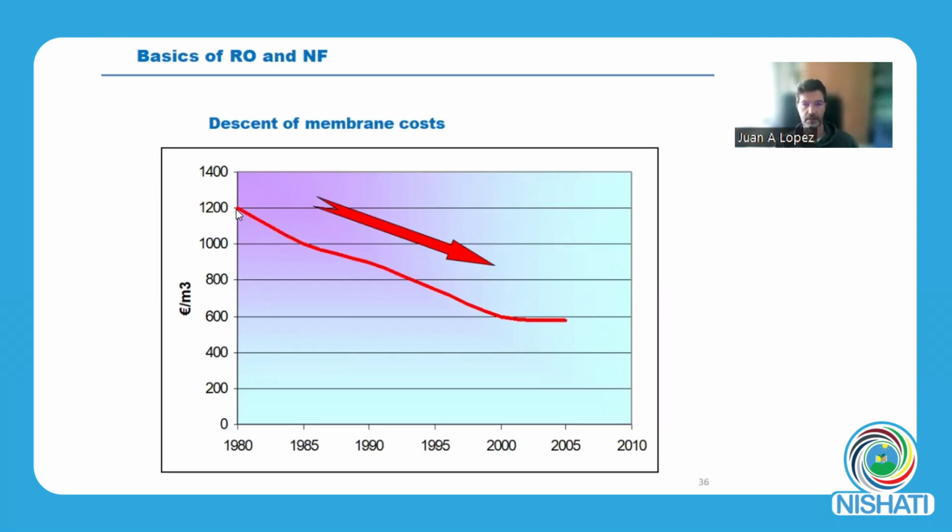What happened with the membrane cost? In the 80s, the membranes were very expensive. Nowadays, you can find a stabilization in the cost per installed cubic meter. Now in some big companies you can buy membranes on the internet.